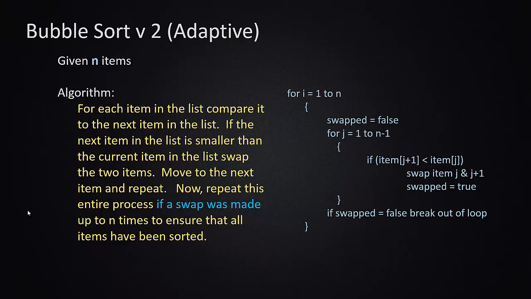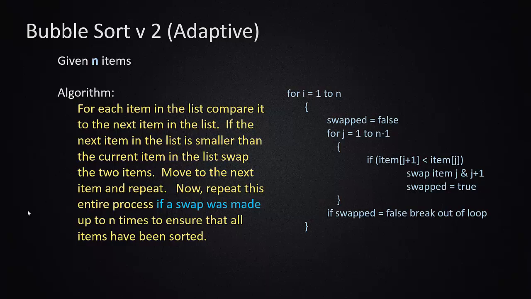There's one little minor change we have to make to our algorithm. What we keep track of is if any swaps were made or not. If there were no swaps made, then we can stop. We're done. We've already got the list sorted. So you'll notice that the only addition to our algorithm is now we repeat this entire process if a swap was made, up to n times.